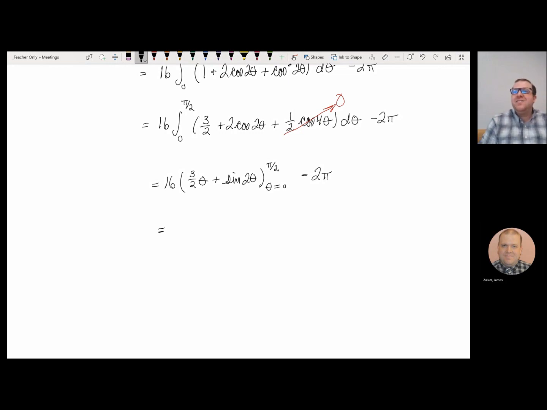Sine of pi, sine of 0. That sine term just goes to 0. That's nice. So we're left with 3 pi over 4 times 16, which is 12 pi. That integral evaluates out to 10 pi.